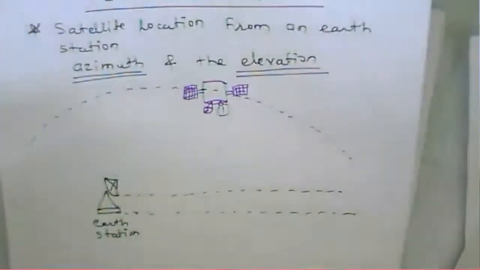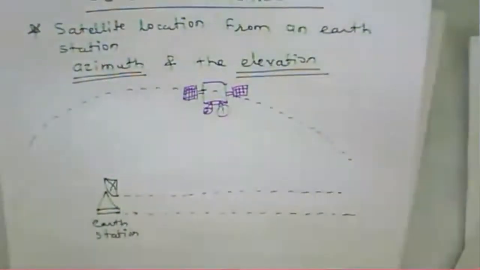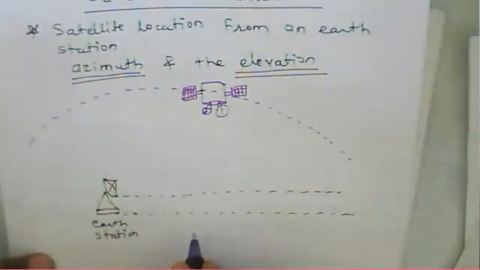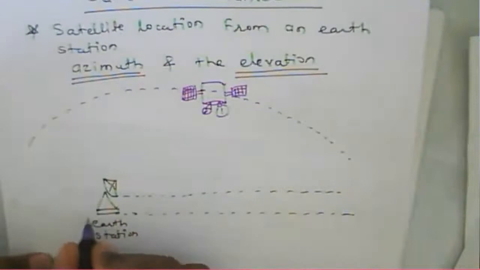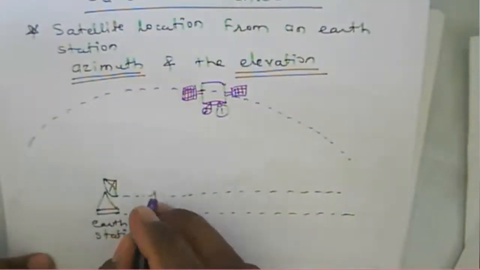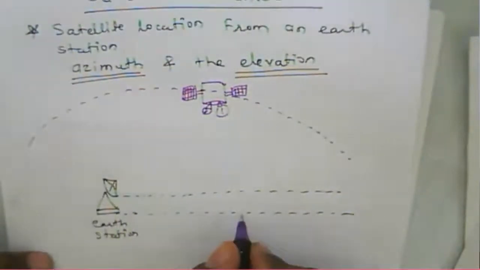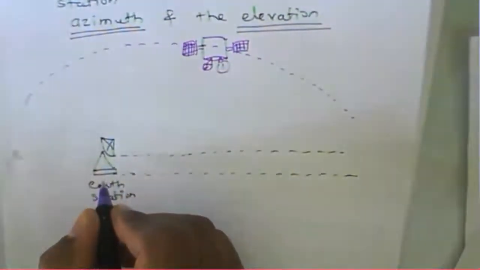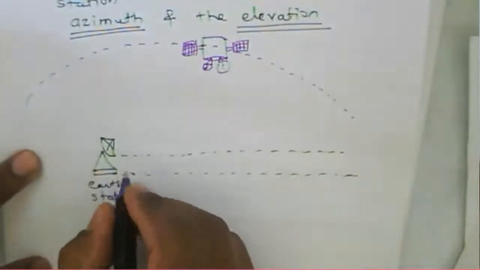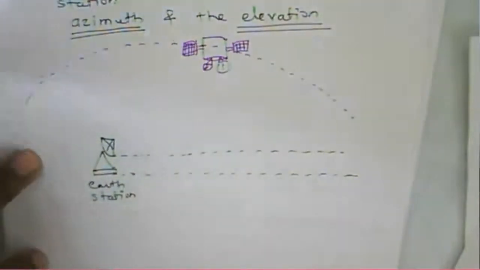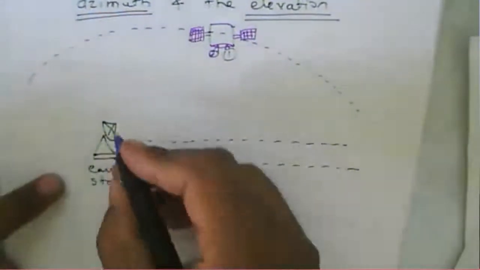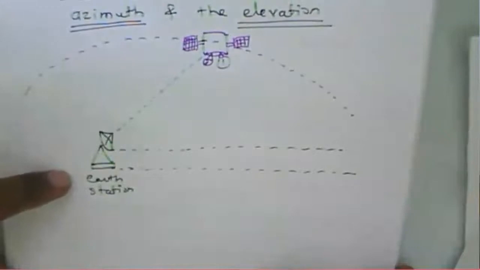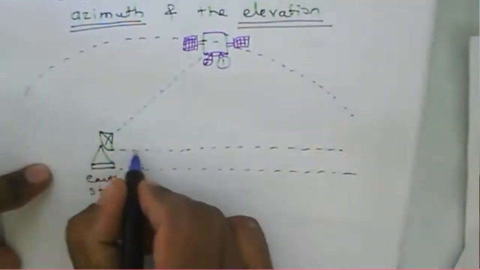So now to obtain the azimuth, we should know the geographical condition of the satellite, and we need to draw the diagram in such a way that we get a horizontal surface of a satellite there. Now here this one is the earth station, and from this earth station to the satellite location we consider a position, and this one is a local horizontal.